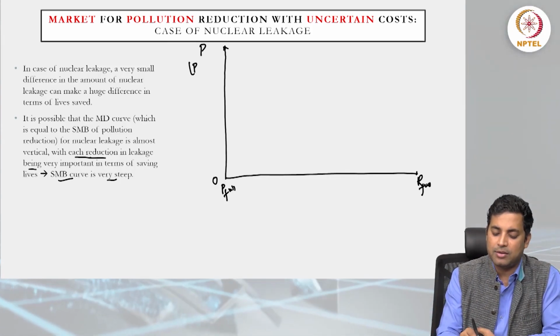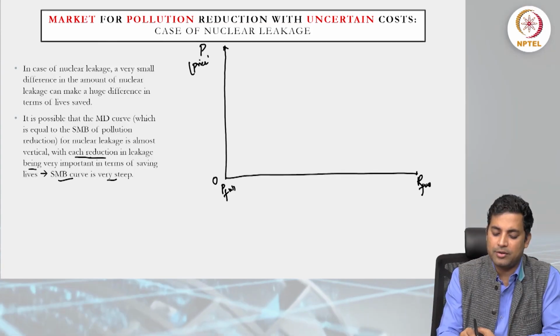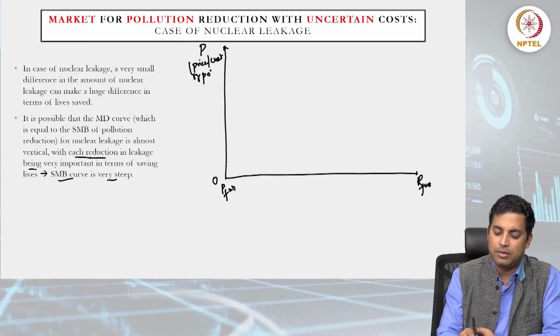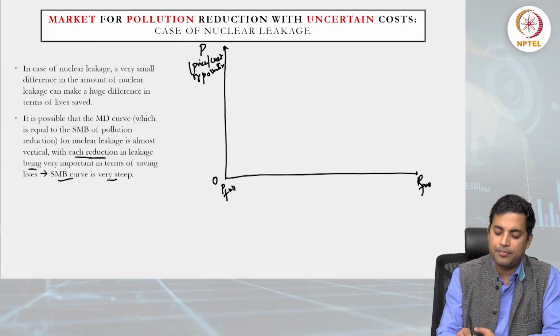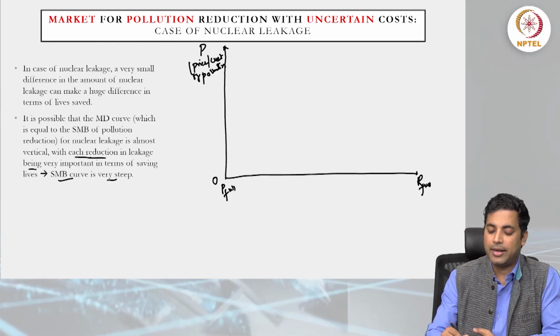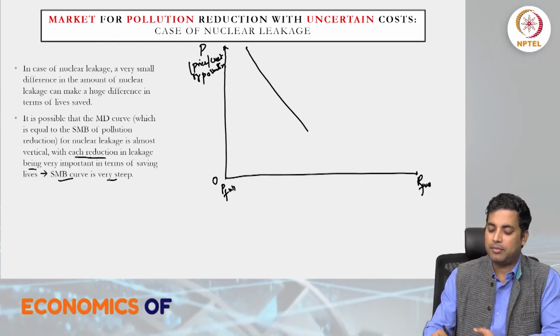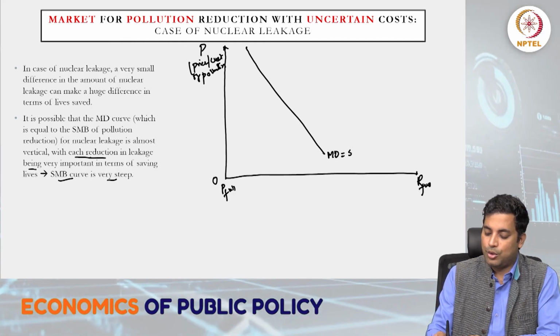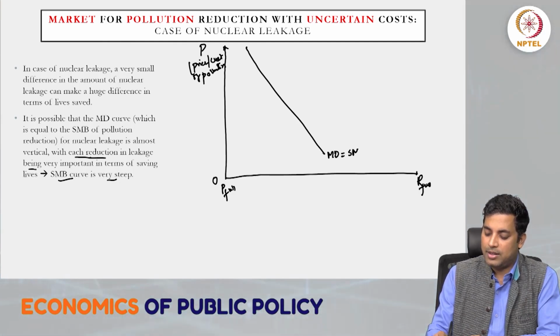So price or cost of pollution, and here is the marginal damage curve, which is equal to social marginal benefit.